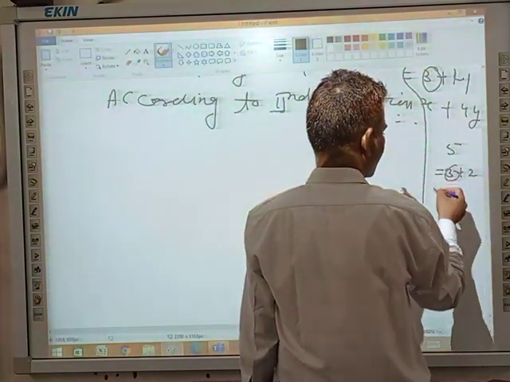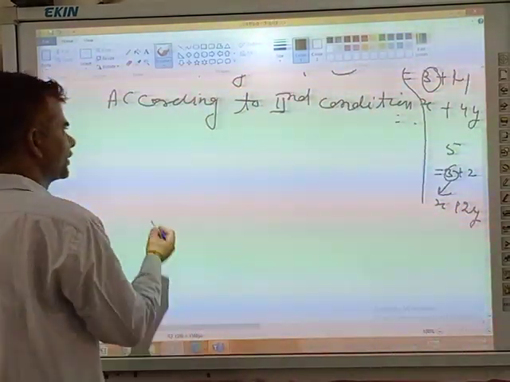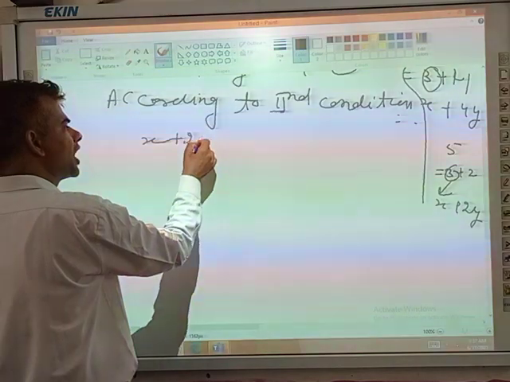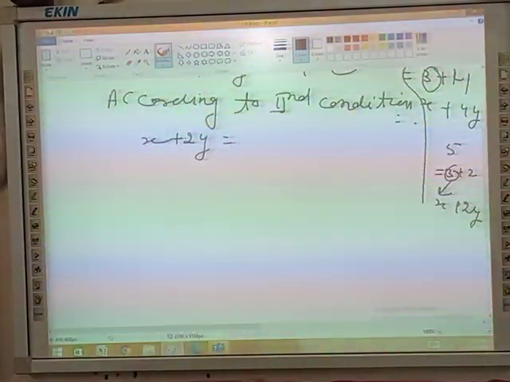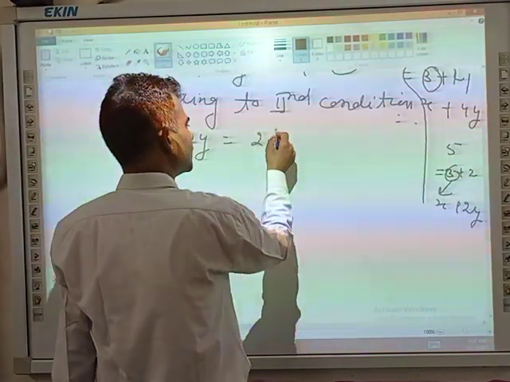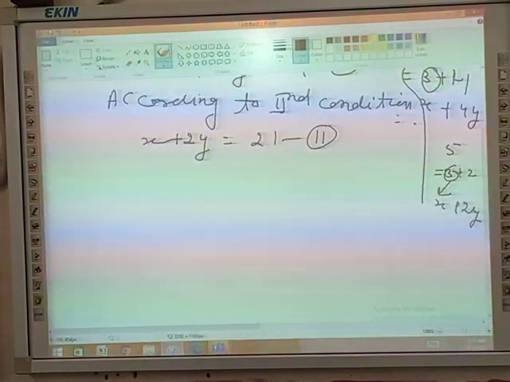It means x plus 2y. Students, any doubt, any problem in this concept? No. The amount is 21. That is your second equation. Solve the pair of linear equations. Find the value of x and y.